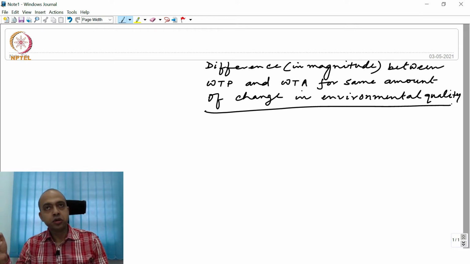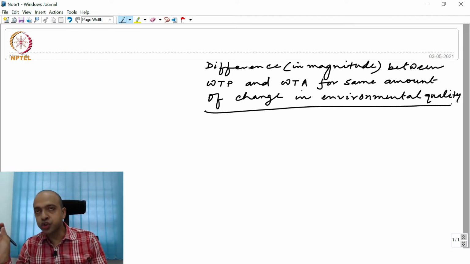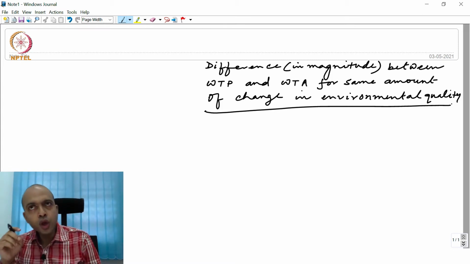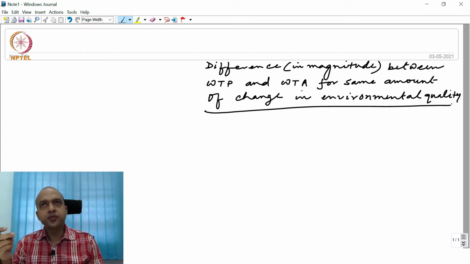For example, let's say individuals are enjoying 10 liters of drinking water per day, and if they are supposed to get 20 liters of water per day, then it is called a positive change. So we ask the individual what would be their maximum willingness to pay for this additional change in environmental quality or service, which is from 10 to 20.